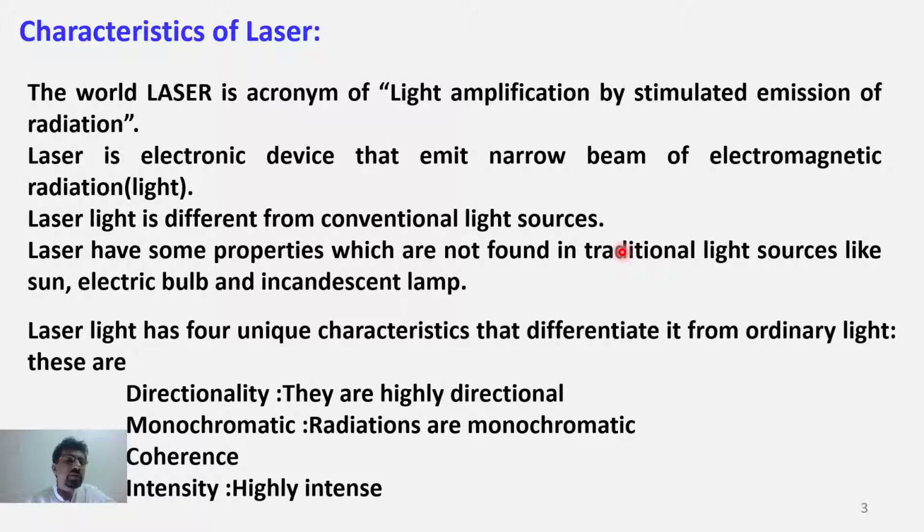We also know that the laser is an electronic device that emits a narrow beam of electromagnetic radiation. Now, laser light is different from the conventional light sources because lasers have some properties which are not found in traditional light sources such as the sun, electric bulb and the incandescent lamp.